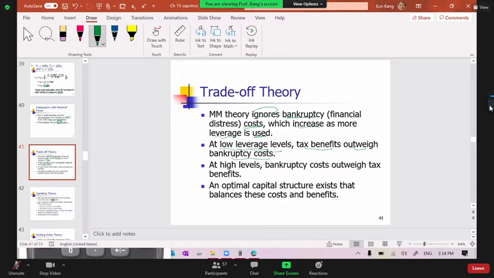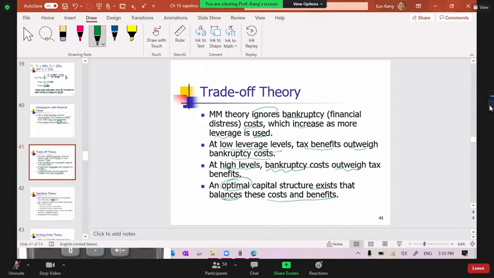But at very high debt levels, bankruptcy costs outweigh tax benefits. Why? Bankruptcy cost becomes tremendously high. So an optimal capital structure exists between low and high debt levels that balances these costs and benefits. So that is trade-off theory.